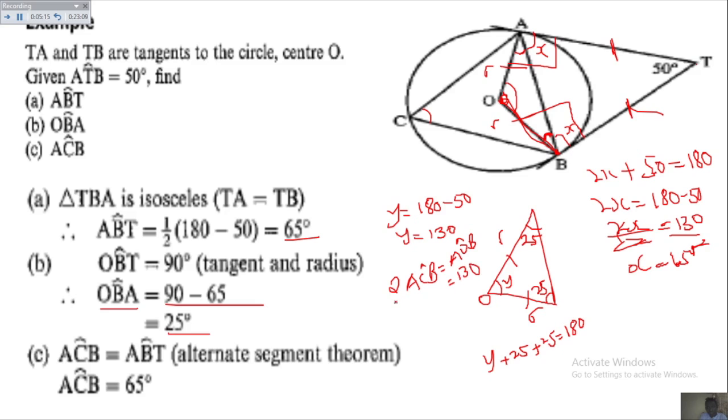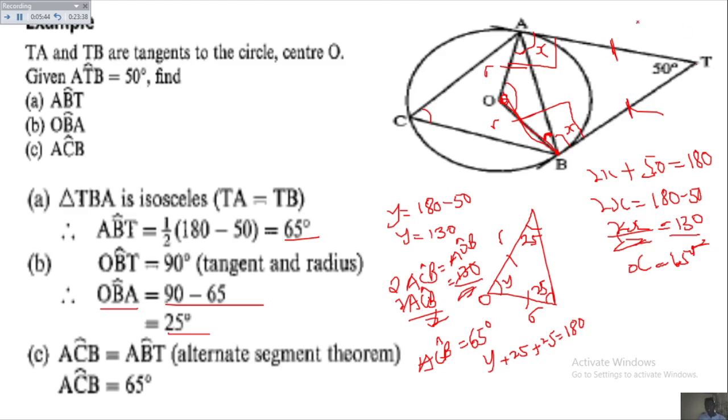Then this one is 2ACB. By the time you divide it by 2, this will cancel this, then this will cancel this. Then that will give you what you are looking for. It should give you what? 65.